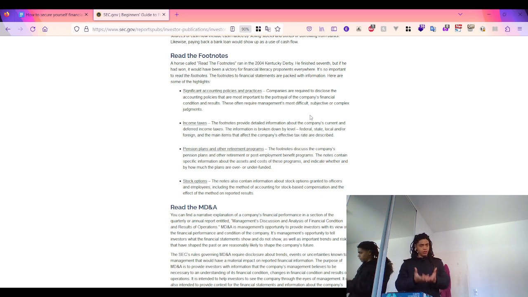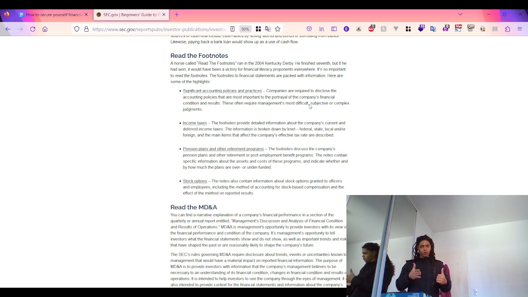Another topic that the footnotes describe is income taxes. It describes this in more fine-grained detail. So local, state, federal, foreign. Also, it discusses the pension and any other post-retirement programs, the cost of these programs, and how well they are funded, over or underfunded.